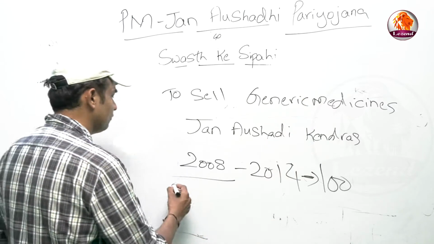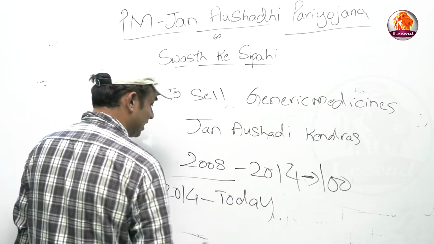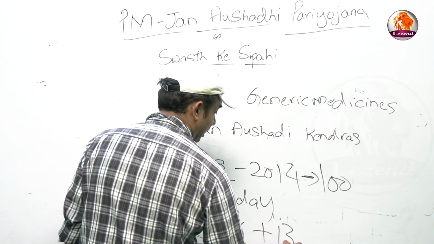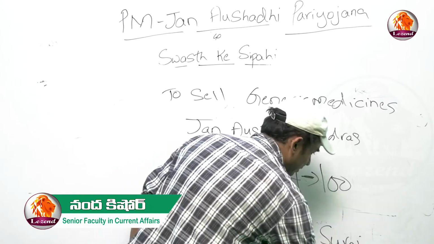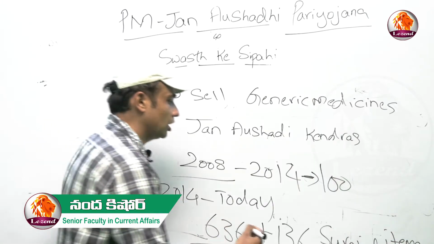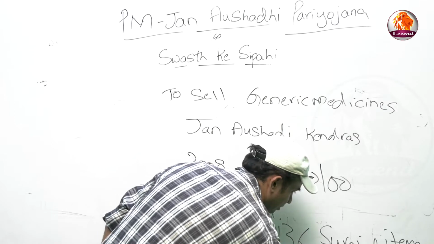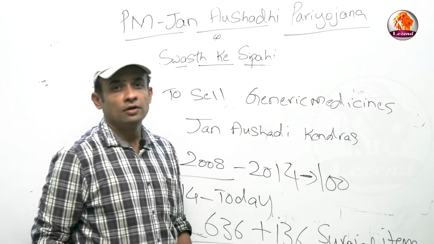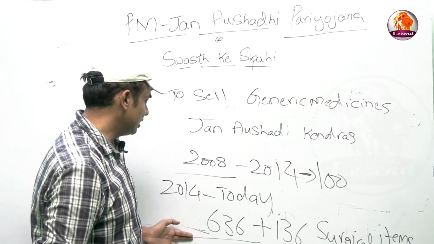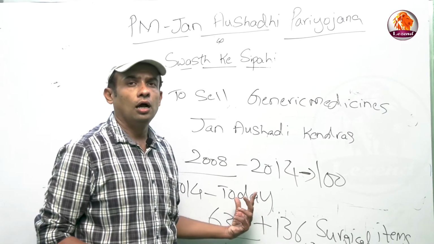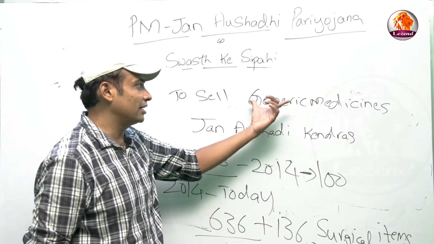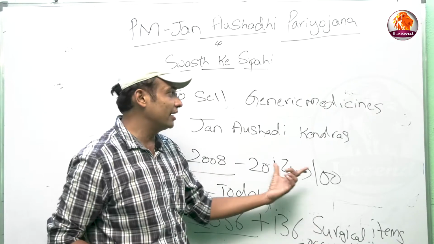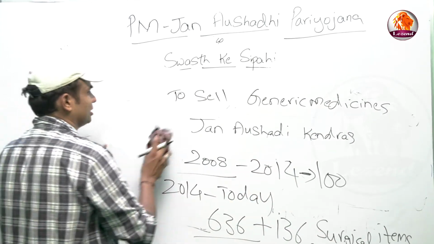But after 2014, more than 636 medicines plus 136 surgical and consumable items have been added to the list, from 2014 to 2017. So 636 medicines and 136 surgical items have been added to this list.